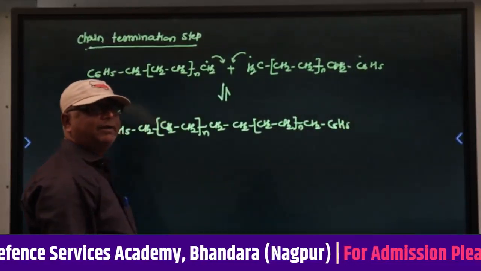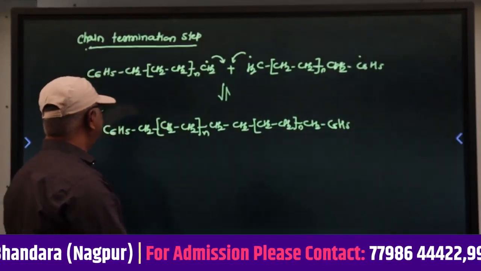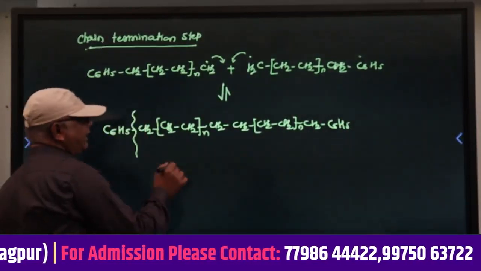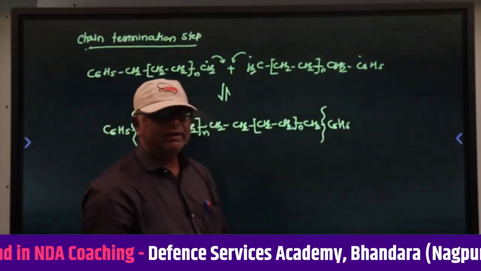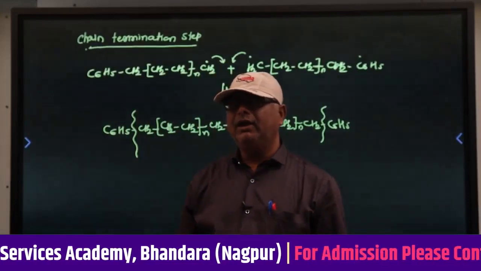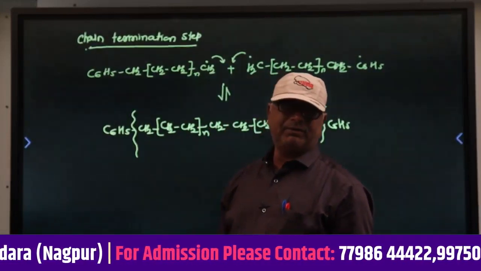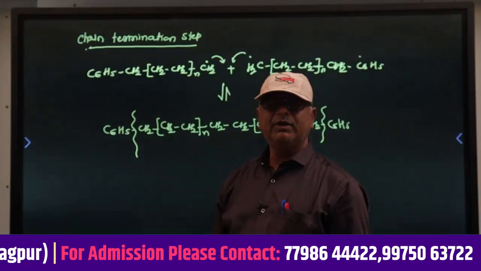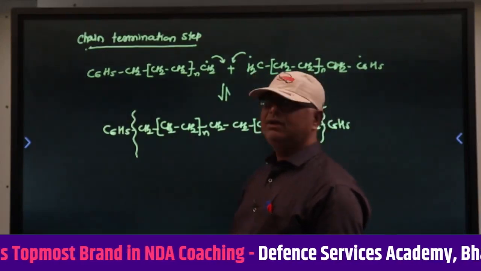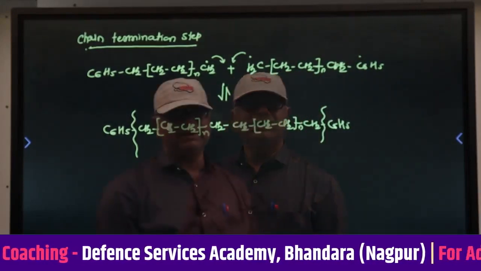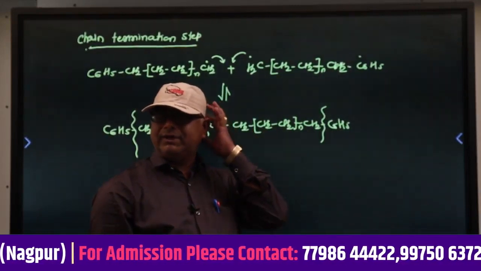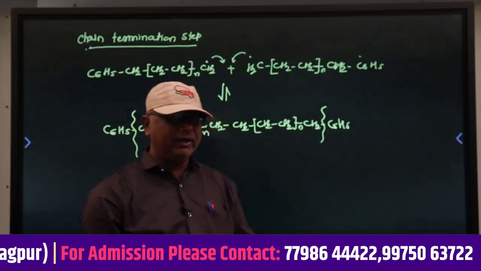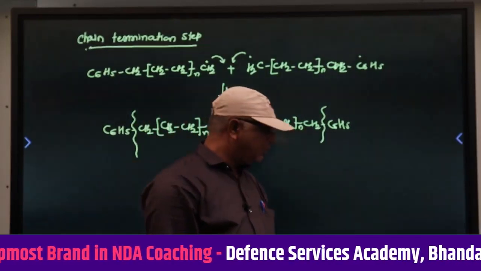Such long chain polymer is obtained, and when their terminals are neglected, then a longer chain of polymer is obtained, a linear polymer. So, this is about the 4 steps of chain reaction in addition polymer.